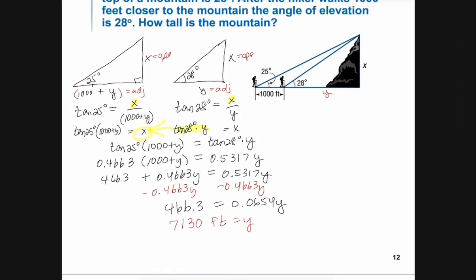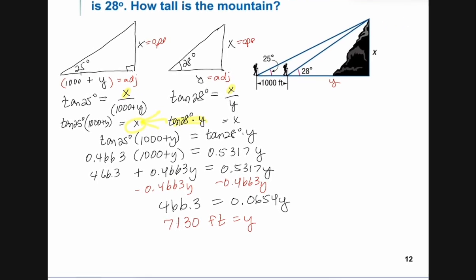Now, unfortunately, we aren't looking for y. We are looking for x. Okay. Now, x we should expect is smaller than that number because x is across from the smallest angle in the triangle. So if you were thinking about, should I get a number bigger than 7,000 or less than 7,000? It should be less than it.